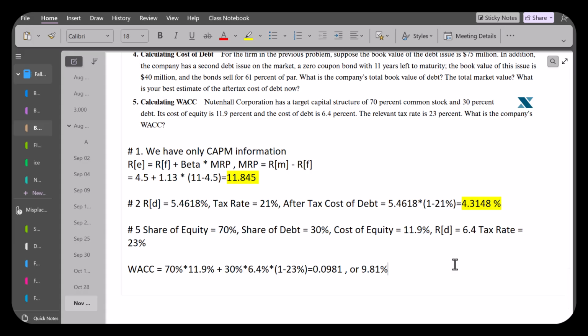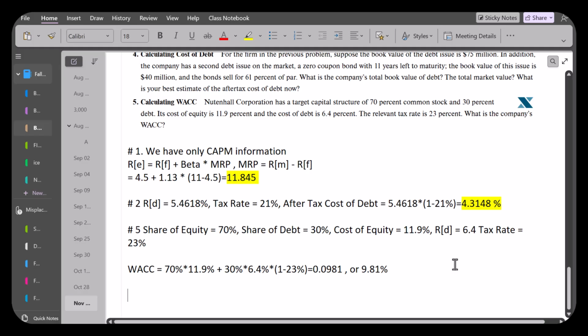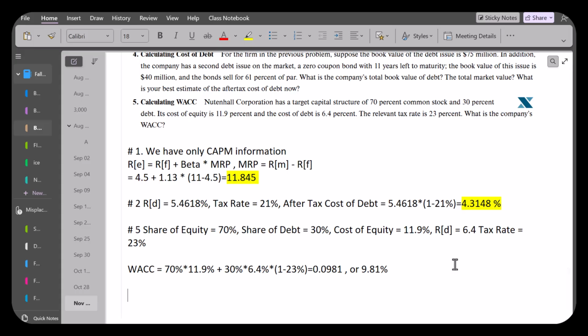But if you plan ahead and set up your spreadsheets properly, you're gonna, A, do things quickly. B, when you encounter these problems with different numbers, all you have to do is enter the inputs. That's the idea behind using Excel in this class. Otherwise, why would I torture you with it, right?